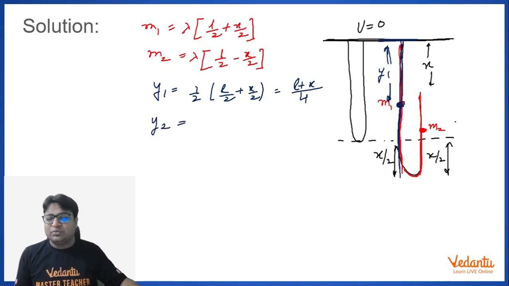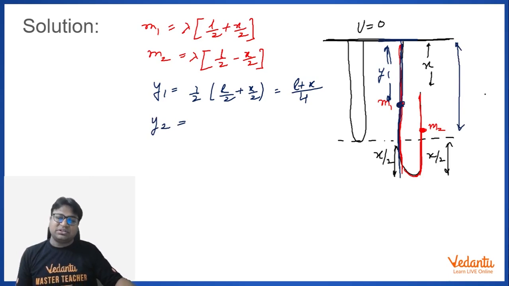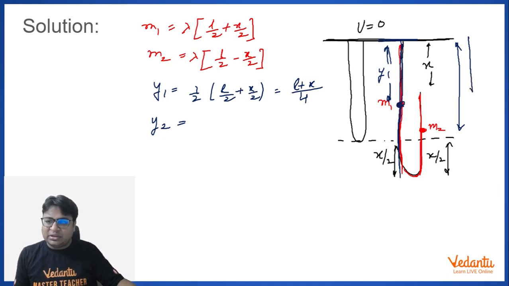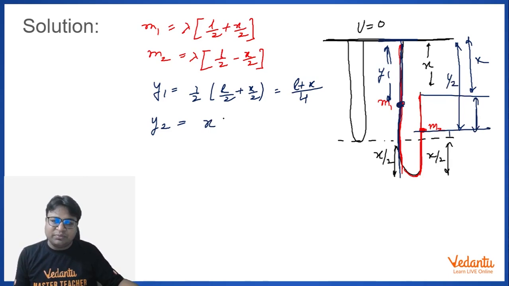So similarly, y2 would be equal to this distance. Now, how can we write this distance? We can write it as this entire length, which is x, plus half of this length. So y2 would be x plus half of this length. And how much is this length? This is L by 2 minus x by 2.